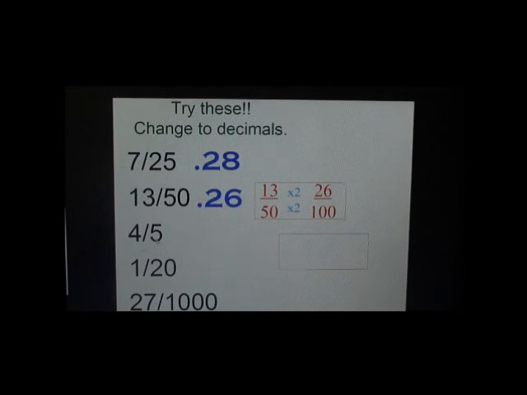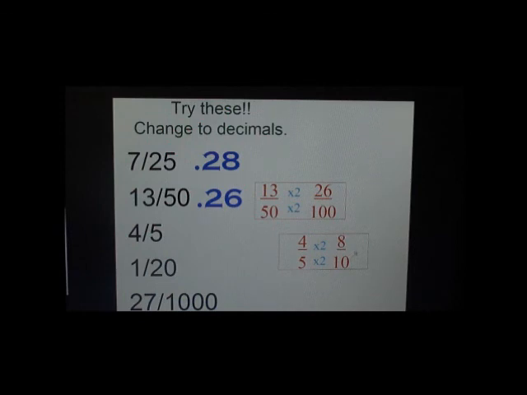How about 4/5? Well, think about getting to the tenths place. 5 times 2 is 10, and 4 times 2 would be 8/10. So once again, the same procedure. First of all, change it to a standard fraction that has a denominator that is one of the decimal denominators, and this is the first one, tenths.